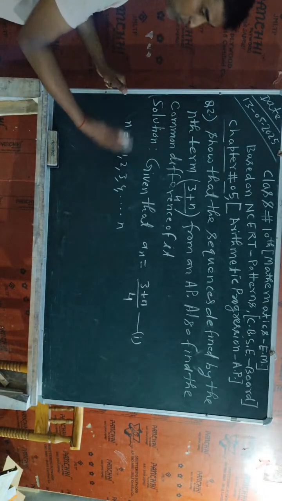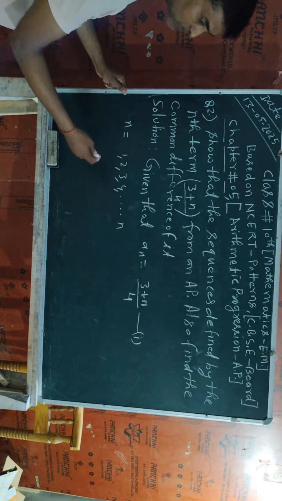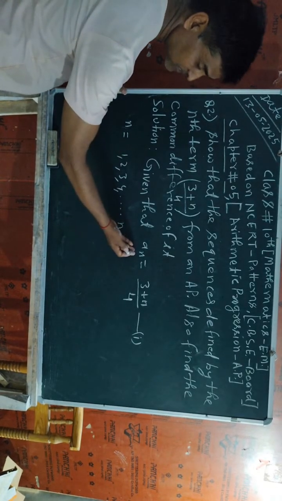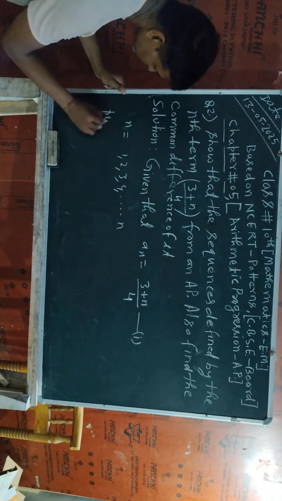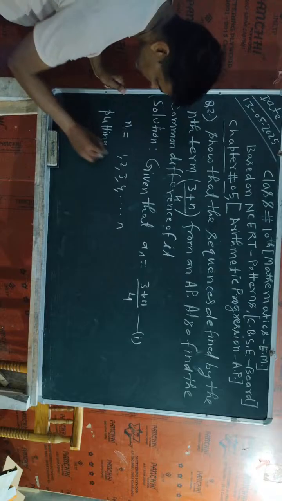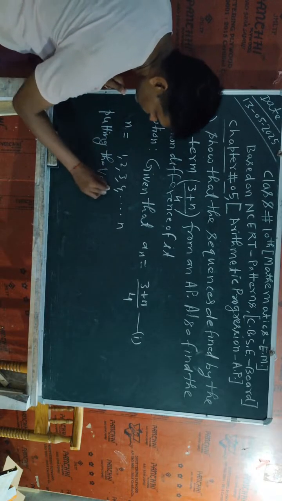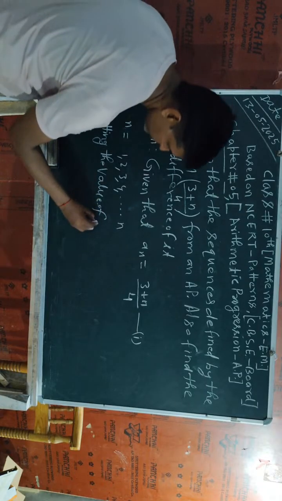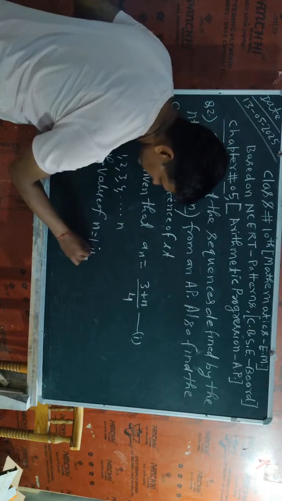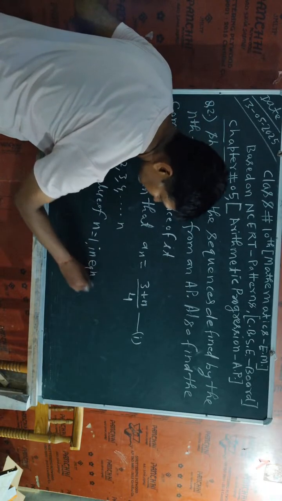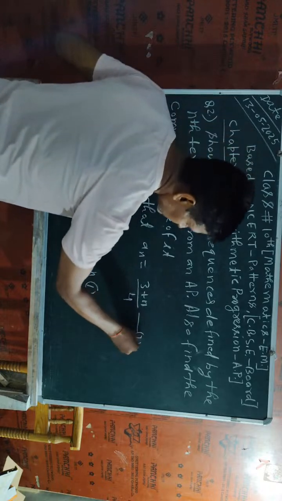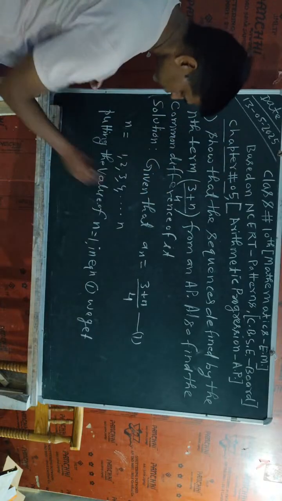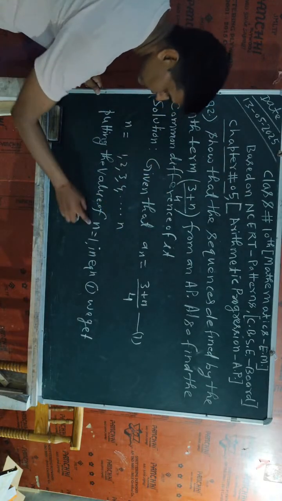So one time I am going to write the information, and you will follow the same procedure for getting the value of a2, where n is equal to 2. So here in equation number 1 I will put n is equal to 1.